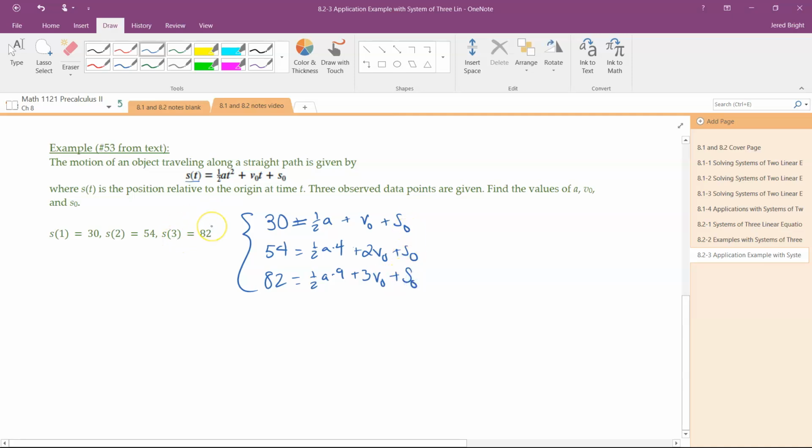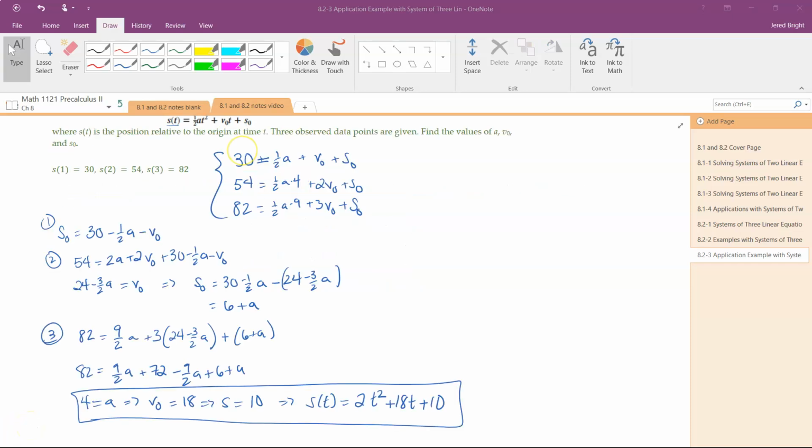So plugging in t and the corresponding value respectively, we get this system of equations. Solving this is our next task. I'm going to encourage you to pause the video, try that out, and resume the video when you're ready to see the solution. And here's my answer using that system of three equations.